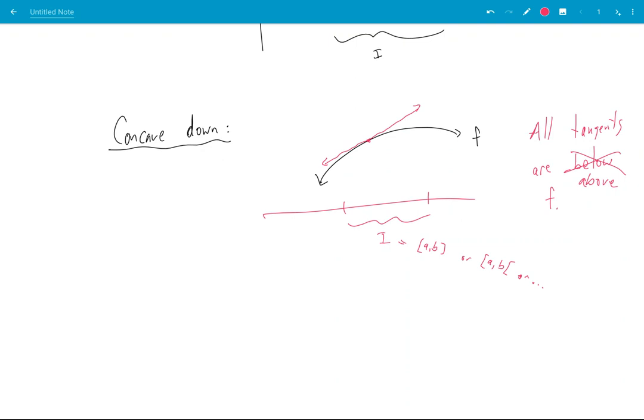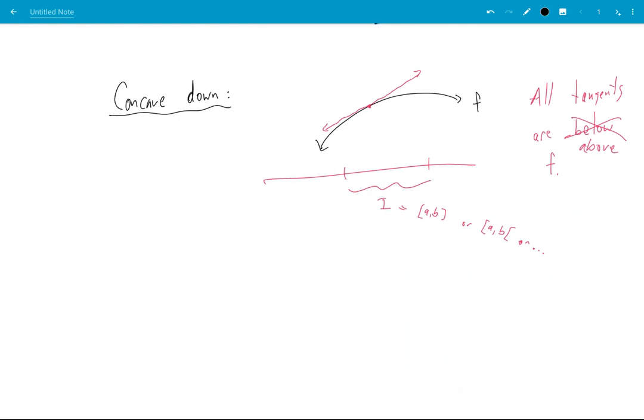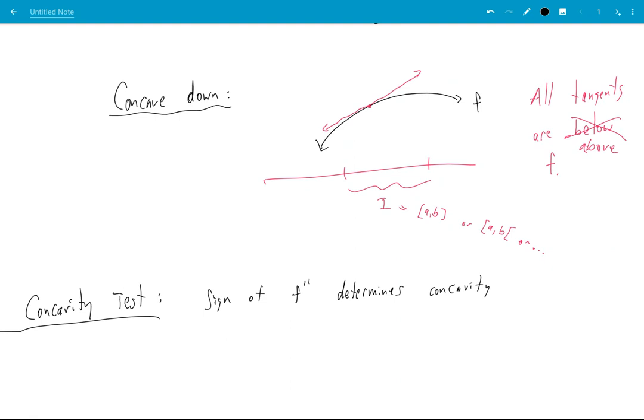So how do we find concavity? Well, it's actually the second derivative that we will use to determine concavity. So we're going to call this the concavity test. And it says that the sign of f double prime determines concavity, more or less.